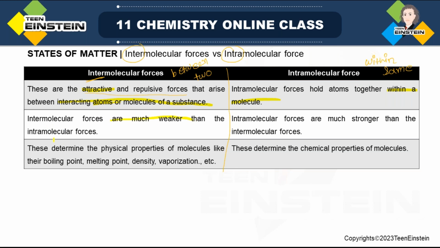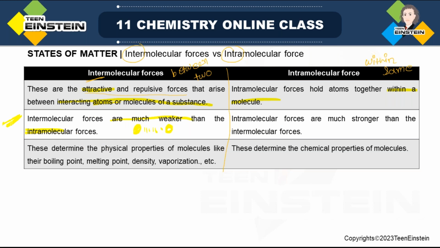Intermolecular forces are much weaker compared to intra. Now it has to be, because here you are talking about two individual entities and you are trying to see whether there is any interaction, repulsive or attractive, whether this interaction is present or not. But when it is intermolecular forces, here just consider attractive.